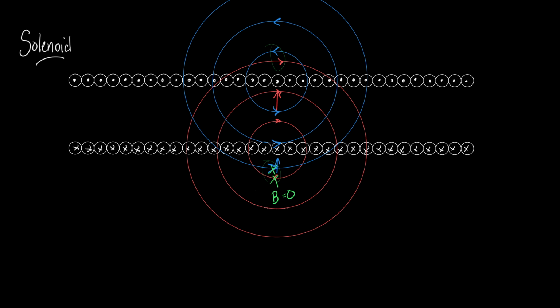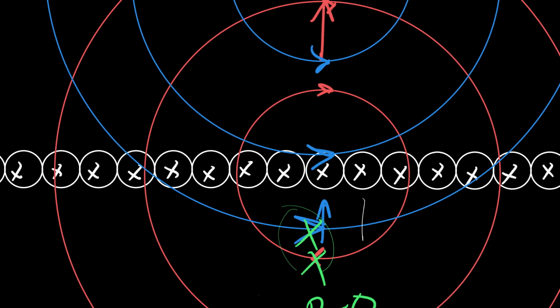The coil just to the right of this one is contributing enough magnetic field in similar directions so that the magnetic field through the center, and even here and here, are all aligned to the right, and I get a net magnetic field in this direction inside the solenoid. That make sense? All right.